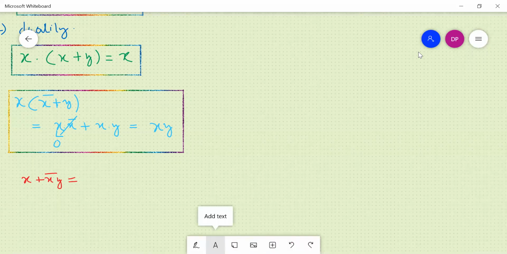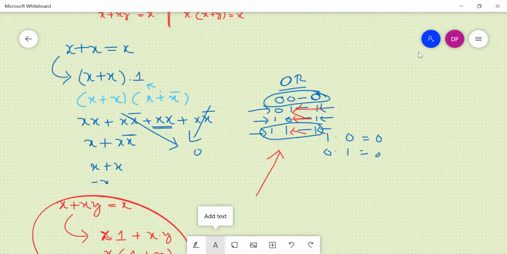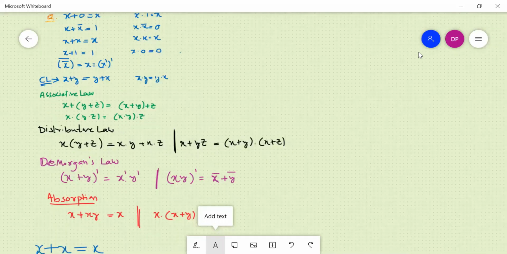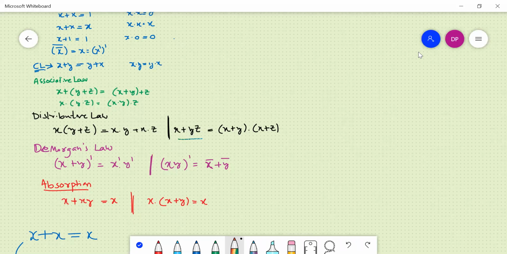Yes. Let's see this chart. Which law can you put? We can put this one there, right? x plus yz is equal to x plus y into x plus z. We can put this, yes. Let's write this.